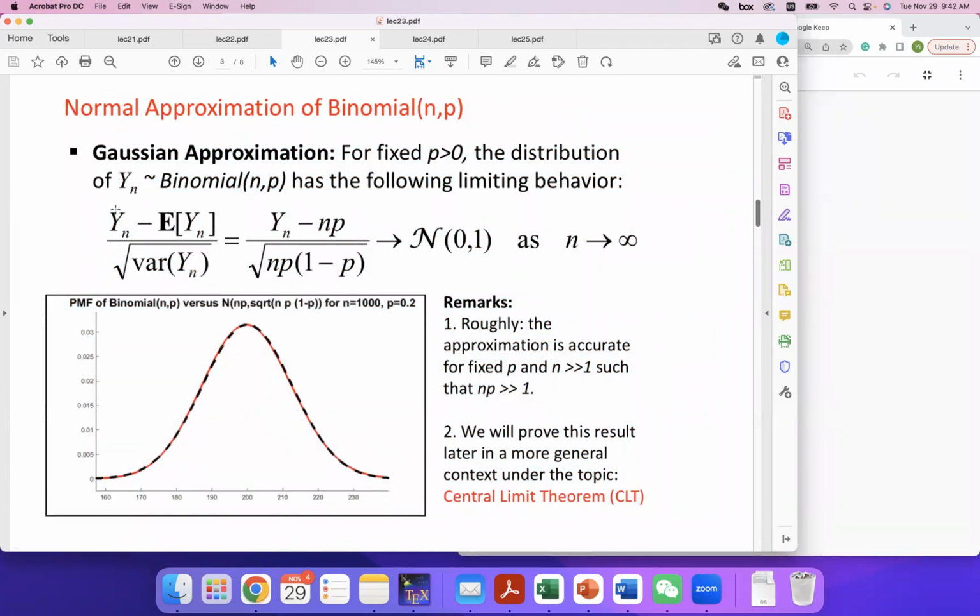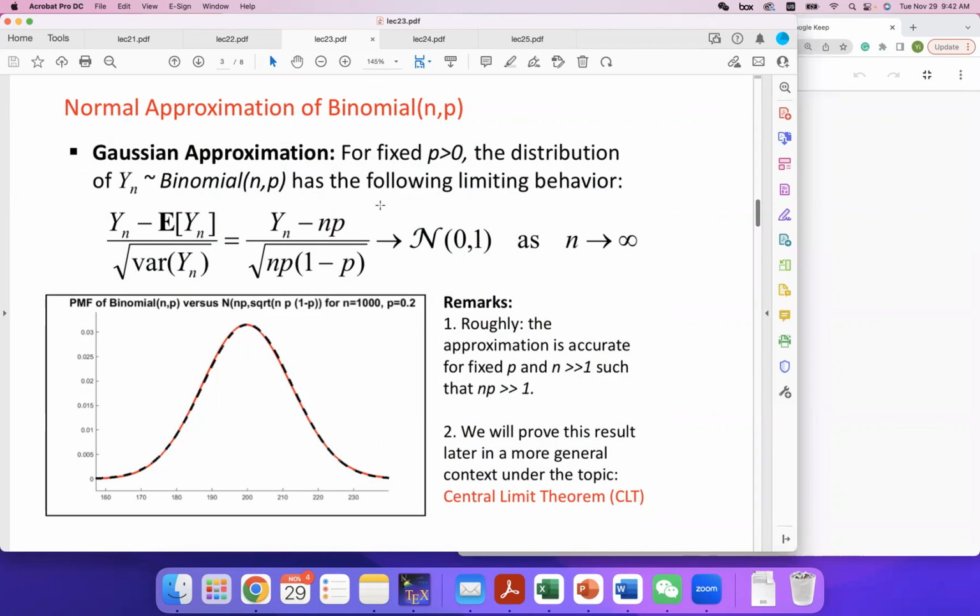In fact, a normalized version of Yn, right? Yn subtract the mean divided by the standard deviation, converges to a Gaussian distribution empirically as the total number of experiments goes to infinity. We call this the Gaussian approximation of the binomial distribution.